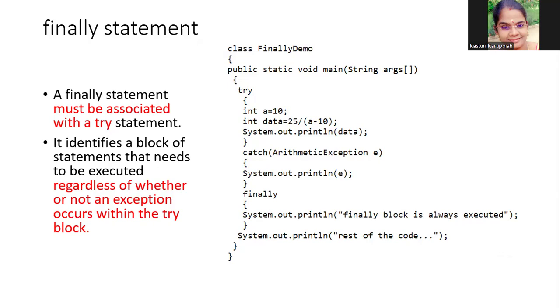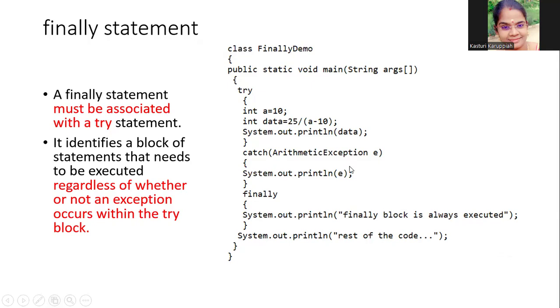Therefore, what happens? Error occurs. Whenever an error occurs, the try block will throw the error. If a matching catch block is there in the coding, then it will handle that error. Yes, there is a matching catch block called ArithmeticException.